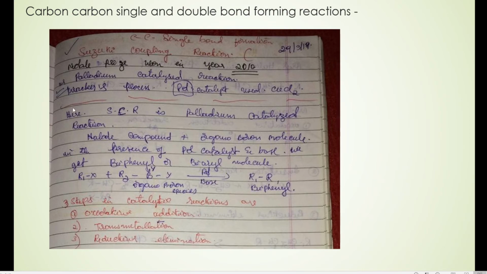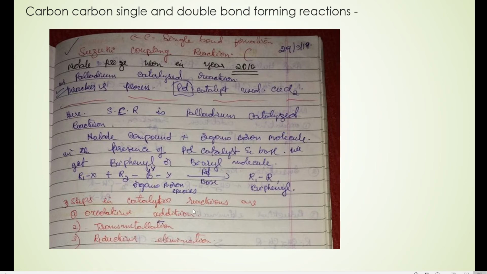The halide compound, that is RX, is made to react with an organoboron molecule, that is, an organic molecule having boron in it, in the presence of a palladium catalyst and a base. And what do we get? We get biphenyl or biaryl by the end of the reaction. That is called the Suzuki coupling reaction.